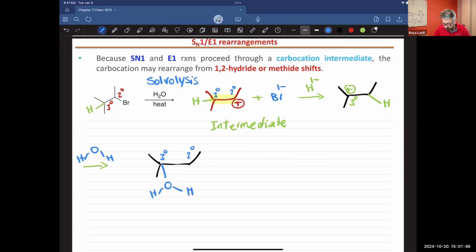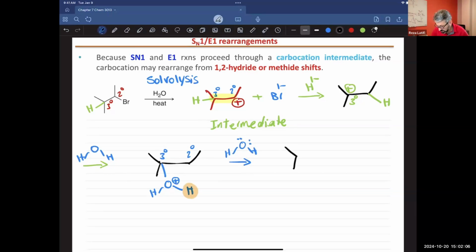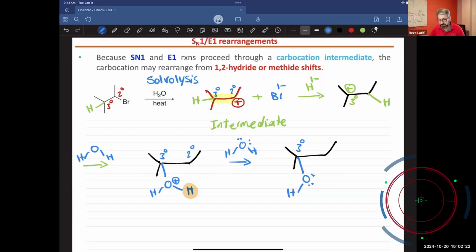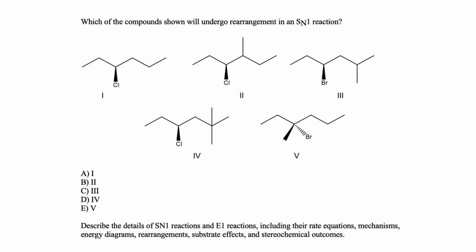Of course, the oxygen is going to have a positive charge, so we need another water molecule to get involved and take this hydrogen out of the system to give us the final product. The final product is going to be something like this. Oxygen has two lone pairs, and the OH is attached to a tertiary carbon, so this is a tertiary alcohol.